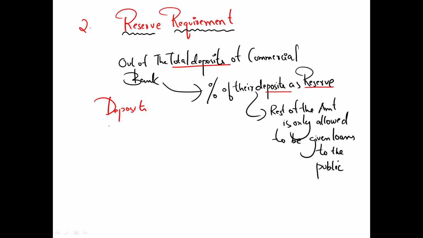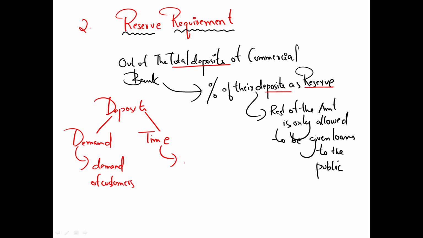One is demand deposits, and the other is time deposits. Demand deposits can be withdrawn on the demand of the customers, and time deposits can be withdrawn during maturity.